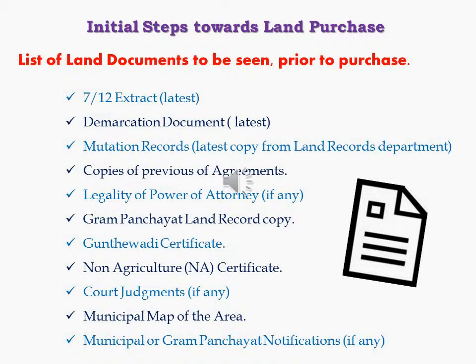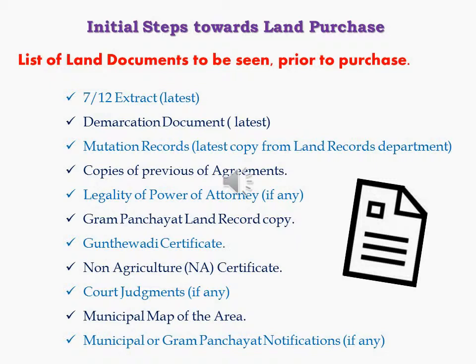If in the sale agreements you find that there is some power of attorney that has been used to sign the agreements, you will need to see the power of attorney yourself as part of the agreements. Remember, if any of the agreements is not signed by the actual previous owners and somebody is representing the owner using a power of attorney, that power of attorney has to be valid in the eyes of law.